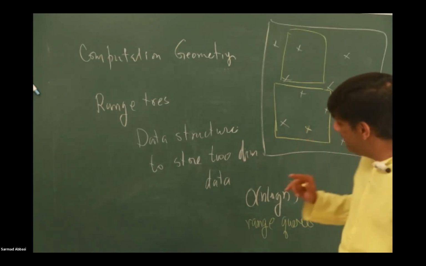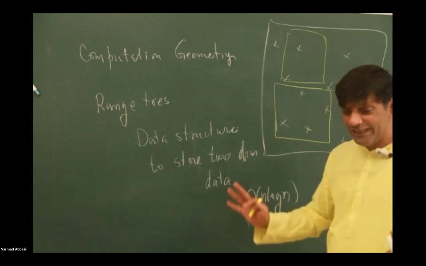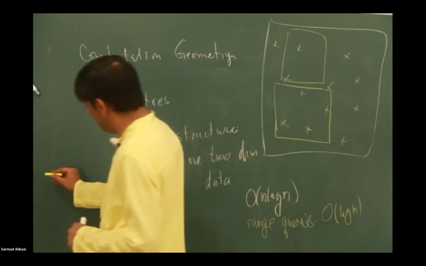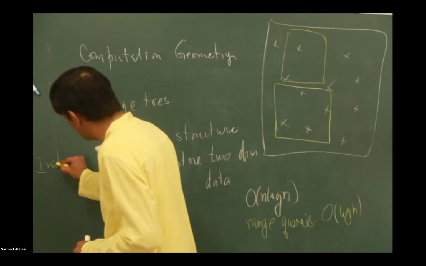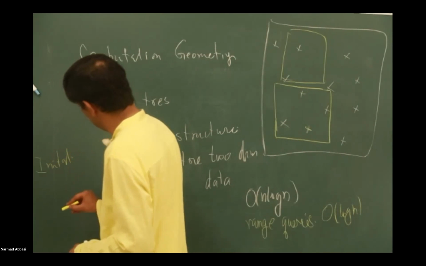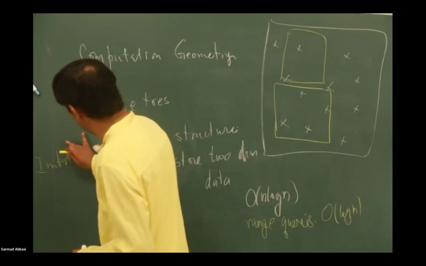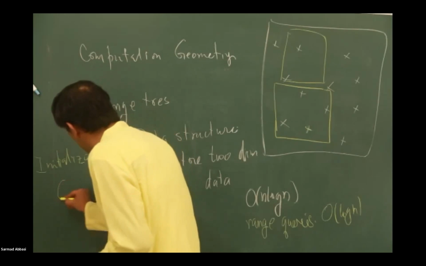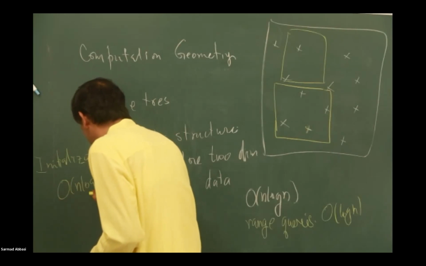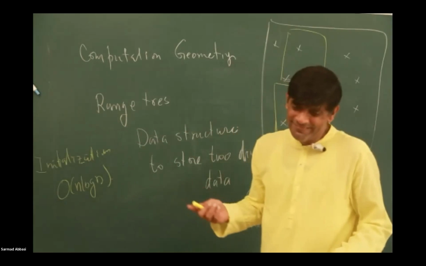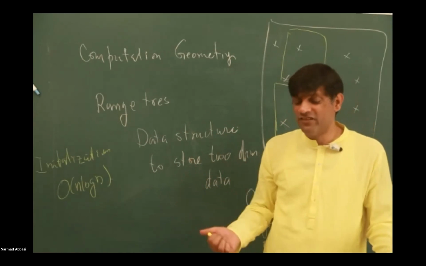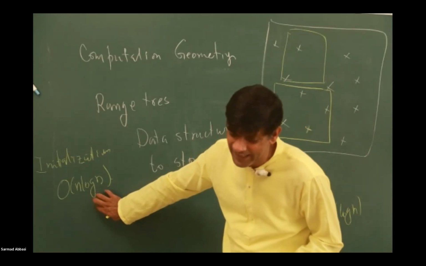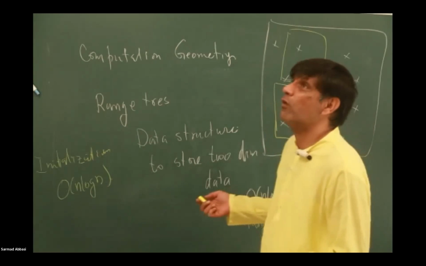But if you store this initially using this technique and do that, the initialization time goes down to order n log n. And log is a very slowly growing function. So log of a billion is what, 30.